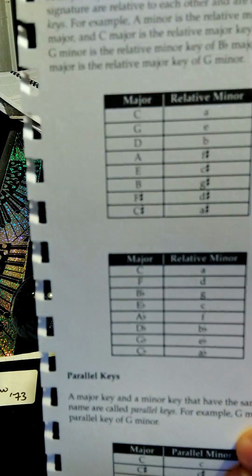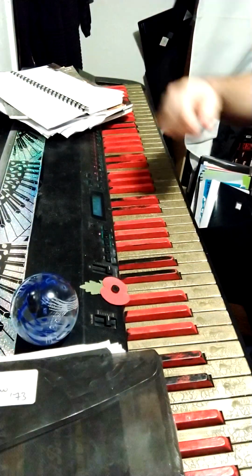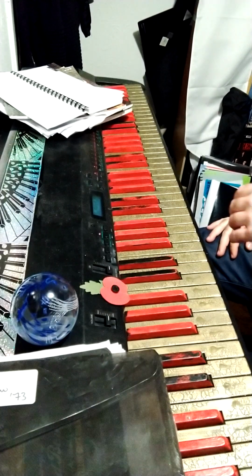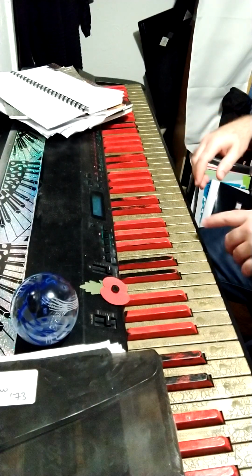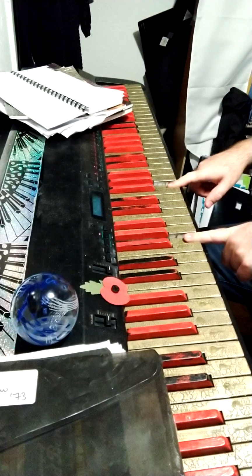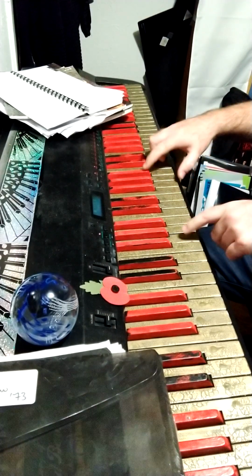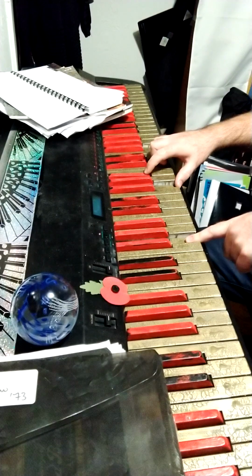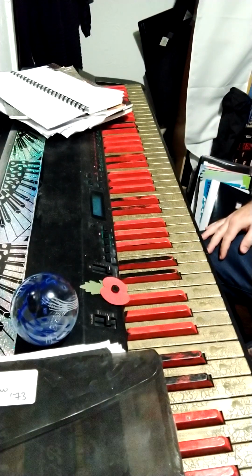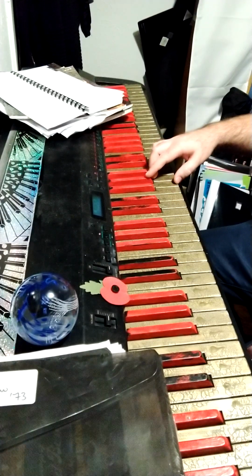So the chart gives an idea of who's related to who. The relative minor with G minor uses the minor third, which means you hop 2 semitones and go to the one above.